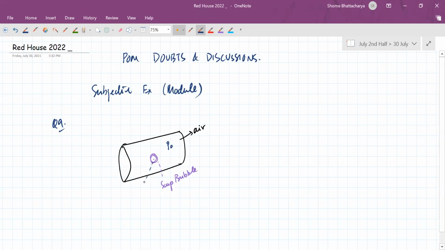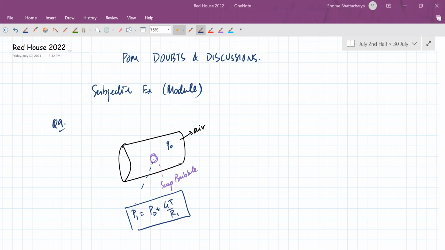The air inside the soap bubble is at a pressure of atmospheric pressure plus 4 times surface tension divided by R, let's say the radius at this point of time is R1. Now clear why it is 4T by R1 and not 2T by R1? Because it is a spherical film, so there are two surfaces, one after the other.